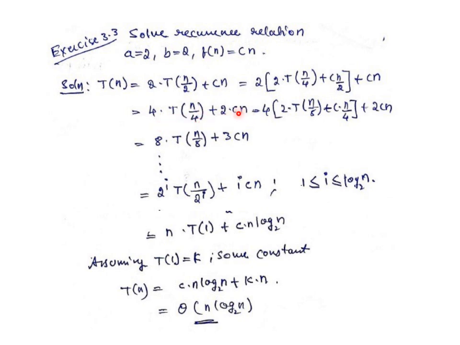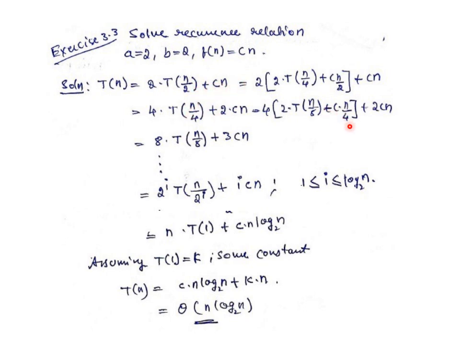We can write this as 2 to the power 2 into T of n divided by 2 to the power 2 plus 2 cn. And again, T of n by 4 we can replace with T of n by 8. So that is 4 into 2 into T of n by 8 plus c into n divided by 4, because it is the same formula, where you are changing the value n to n by 4.